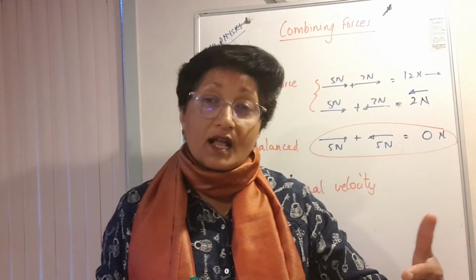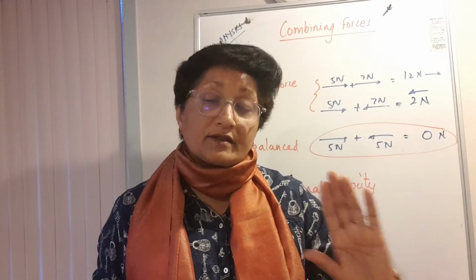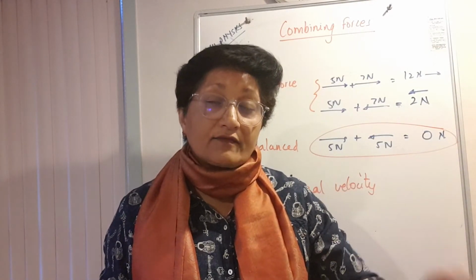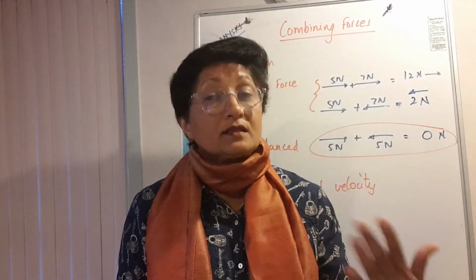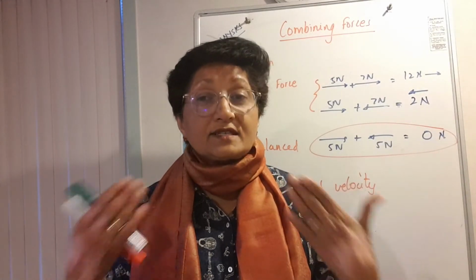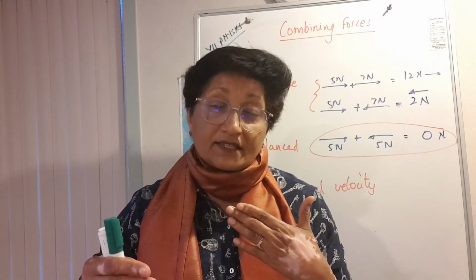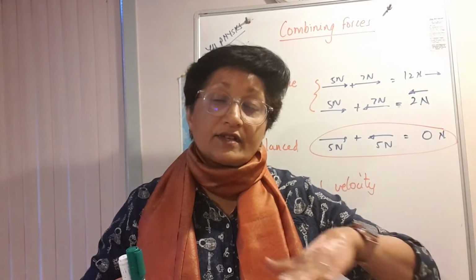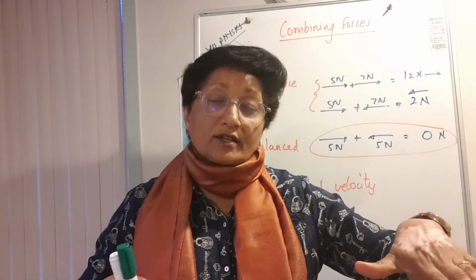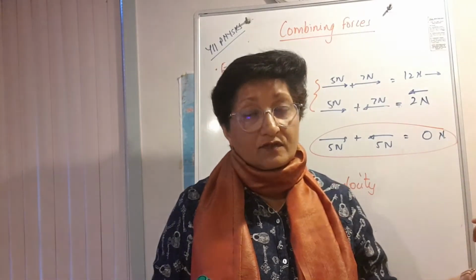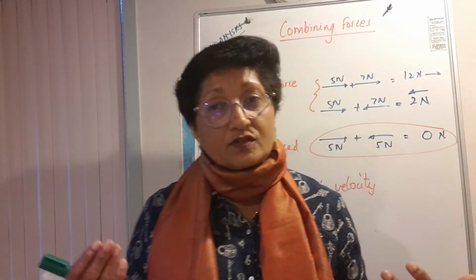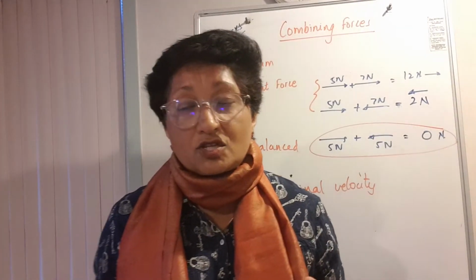If you're driving a car, you keep pressing the accelerator and you go faster and faster, but the faster you go, the air resistance is increasing. When these two forces become the same, you can no longer increase your speed, but you go at constant speed, and that is terminal velocity. So you have different values for terminal velocity for different situations.